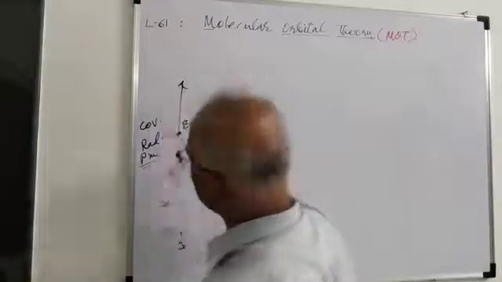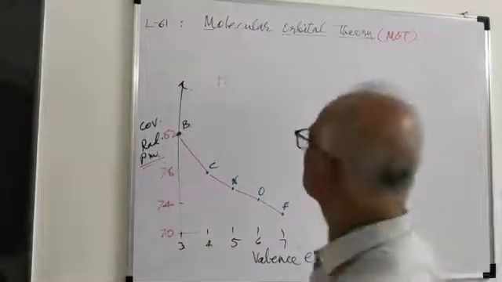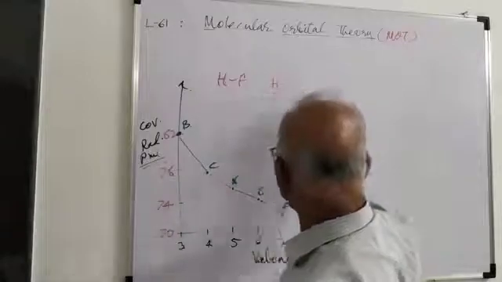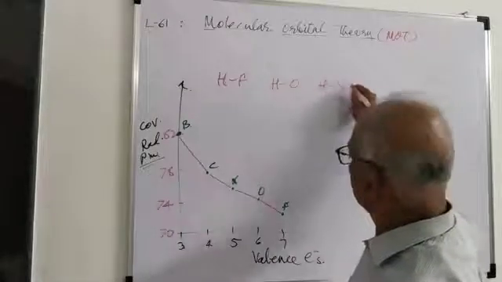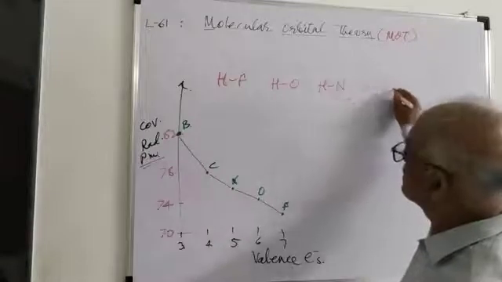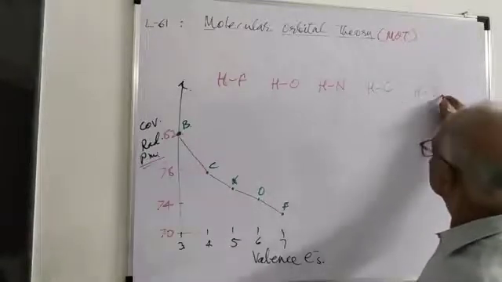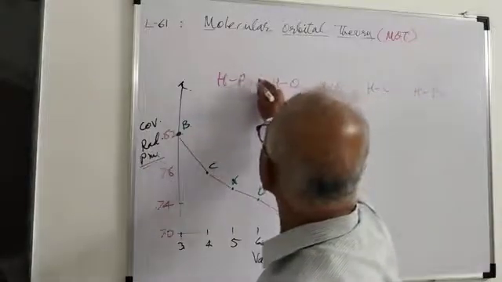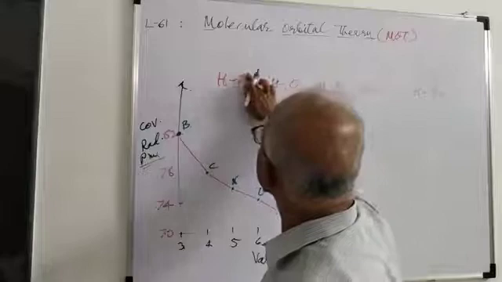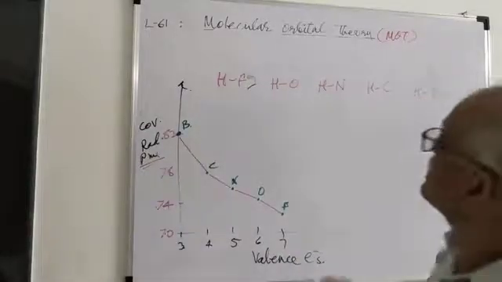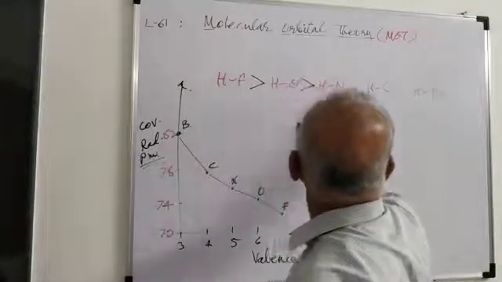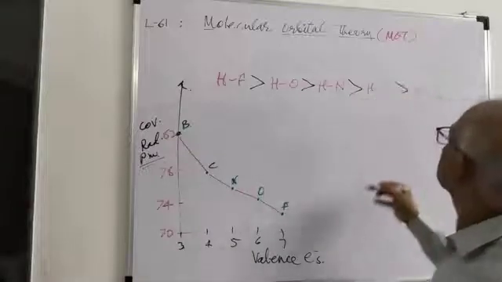So HF, then HO, then HN, then HC and HB. So here you will find that the bond distance is decreasing in this way. The bond distance is decreasing from HF, like this.